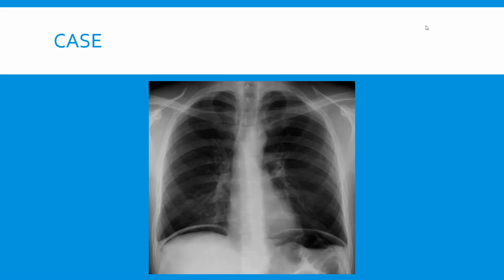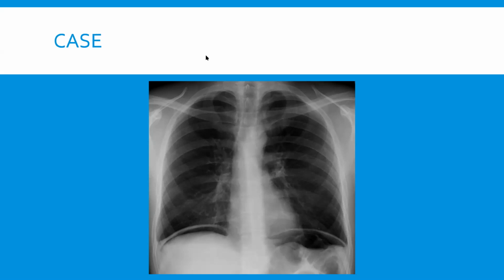The heart borders, I don't know if there's something going on with them. Where the hilum is, it just doesn't look quite as crisp as it should. But assuming this is a PA view, which I'm assuming because it doesn't say otherwise, the heart's about the right size, not more than 50% of the ratio.